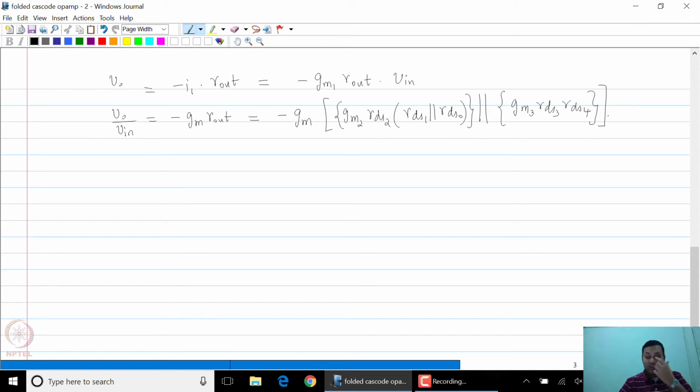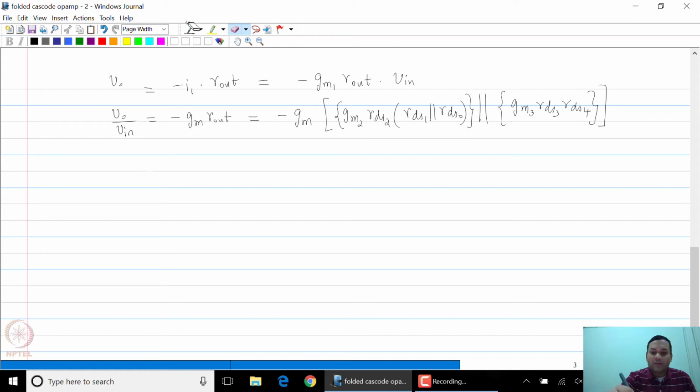So this is the expression for the small signal gain of this particular folded cascode structure. This will give you a slightly lesser gain compared to the regular cascode, but this is still larger than the simple common source structure that you would have seen before.